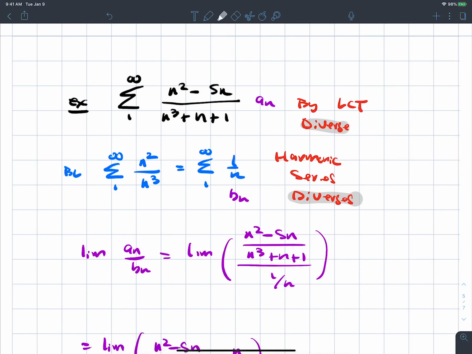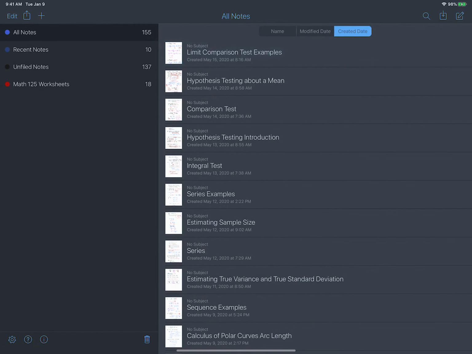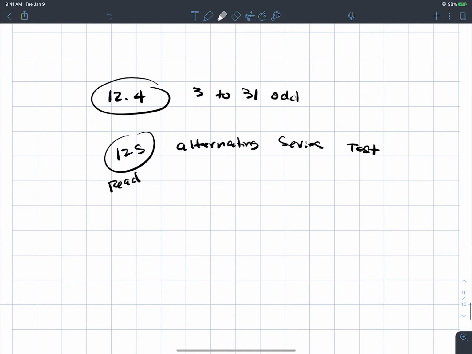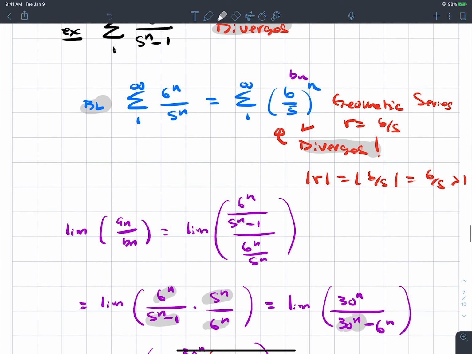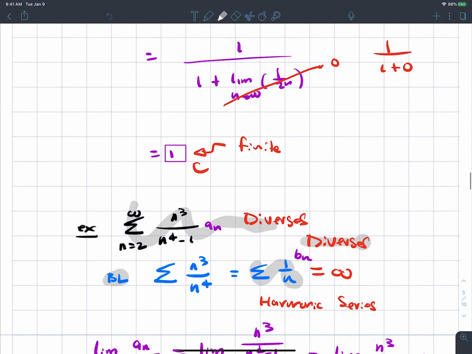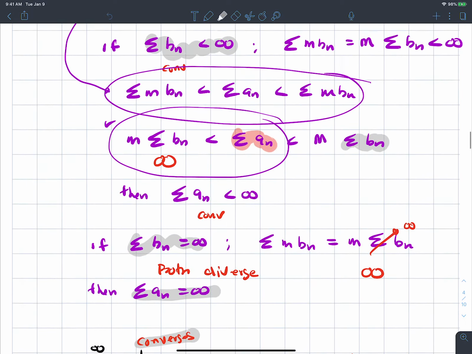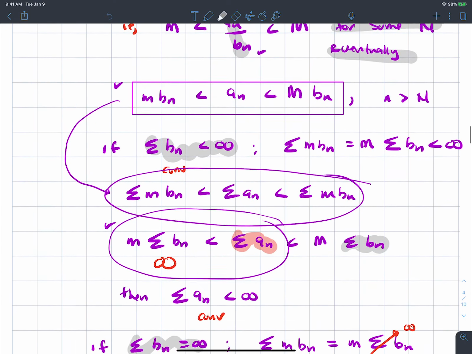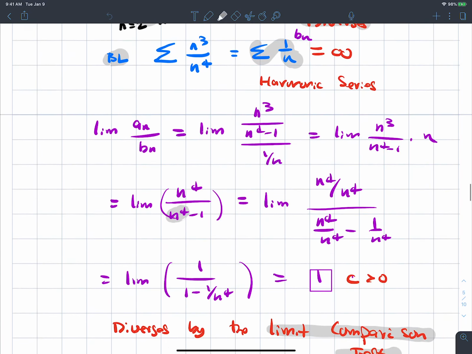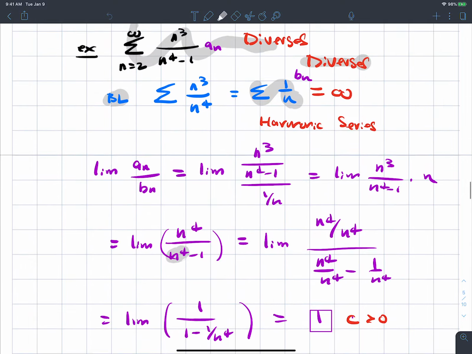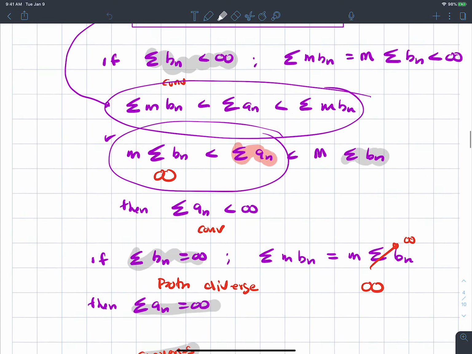So if we go back to, remember, this is what you guys are doing here. Let's go back to, we started with comparison, and this is the limit comparison test, right? This was our theorem that we work with. I think I proved it there, yeah.